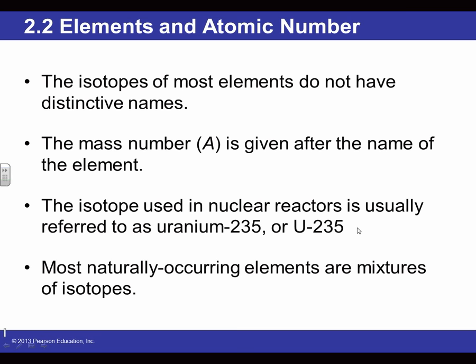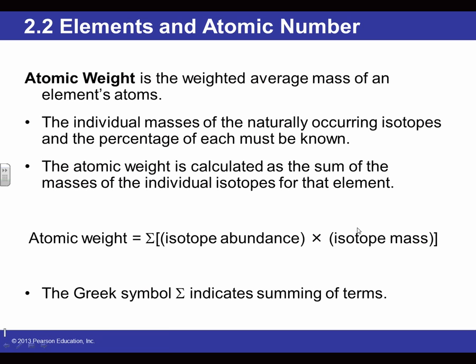Most naturally occurring elements are actually mixtures of isotopes, which just means they have the same number of protons, but they may have a different number of neutrons. Now, one thing that we're going to be looking at when we talk about atoms is something called the atomic weight, and it represents the weighted average mass of an element's atoms.